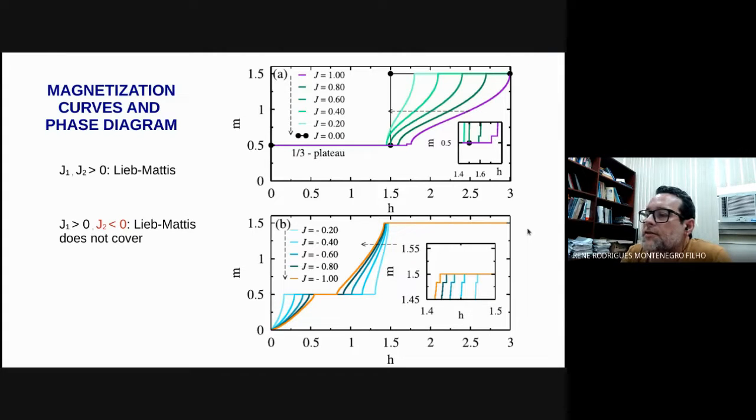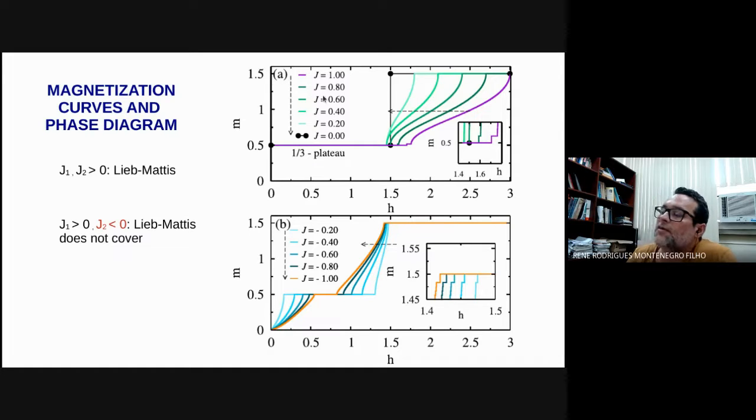The magnetization curves are here. In the upper panel, we have four positive values of the J2 coupling, and in the bottom panel, we have four negative values of the J2 coupling.